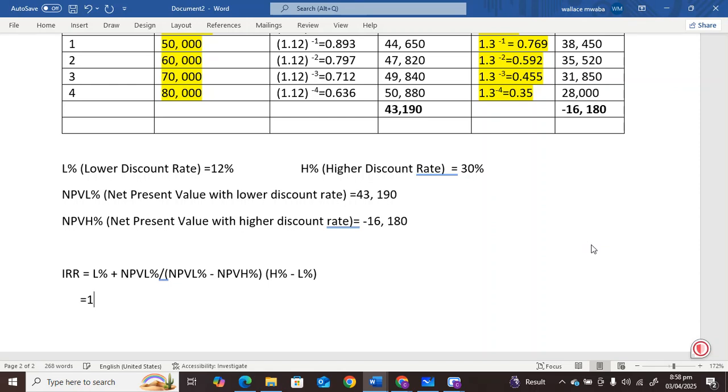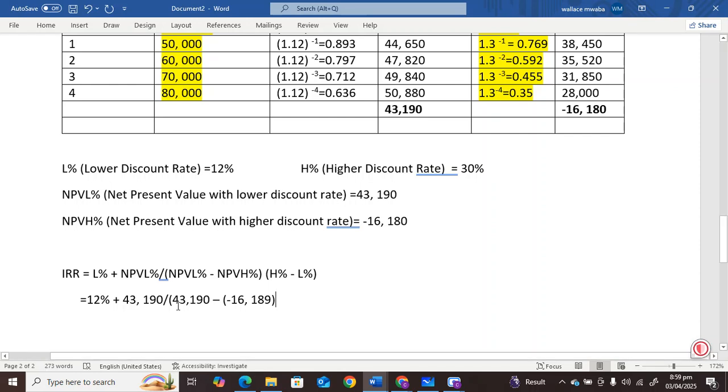So our lower discount rate, 12%, plus our net present value with the lower discount rate, 43,190, divided by our net present value with the lower discount rate, again we put here 43,190, minus the net present value with the higher discount rate, negative 16,108.